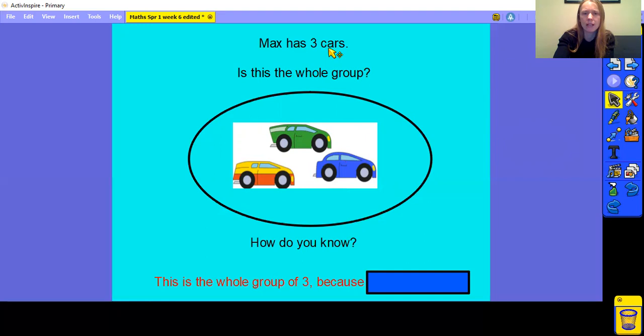Max has 3 cars. There are 3 cars in this group. Is it the whole group? Yes, it is the whole group. But how do we know? We know this is the whole group of 3 because we have all of them.